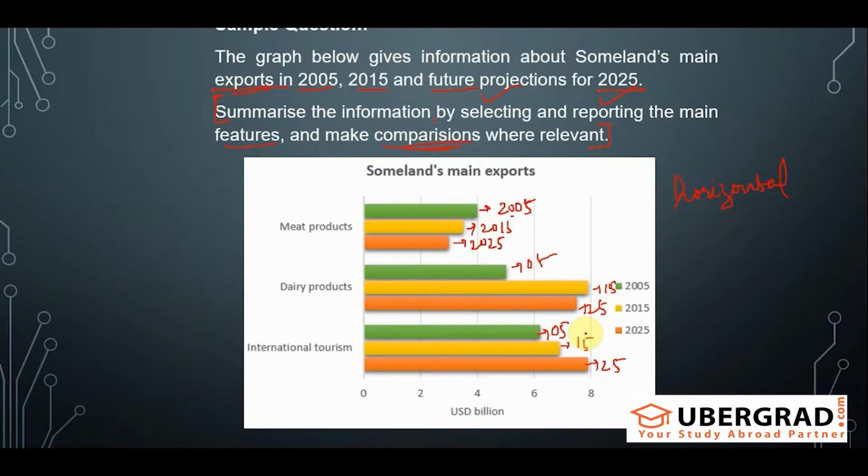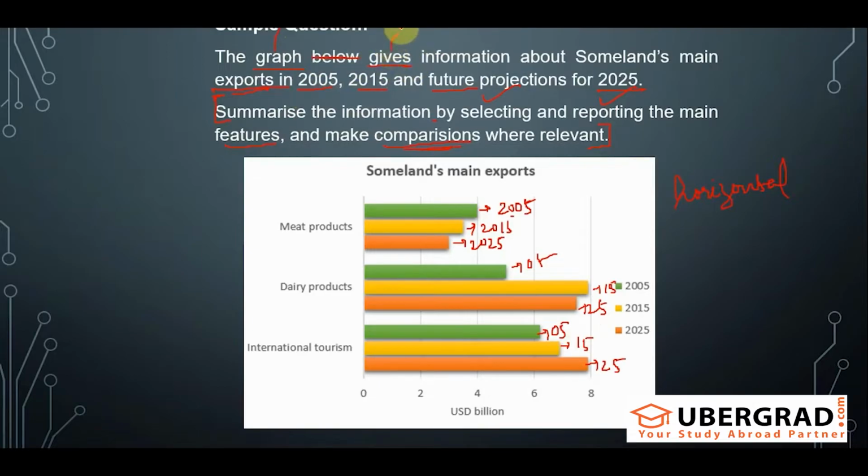The graph below. So instead of graph, what are the words that we can use? You can use the word chart. Always remember, you can use the word chart. Below, you don't have to use, because here it's below, but in the answer you will not.